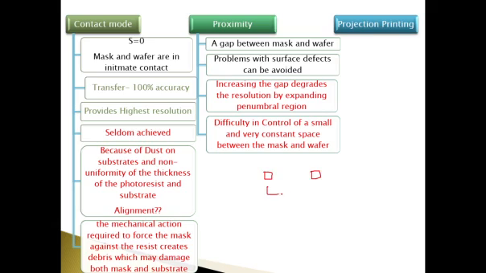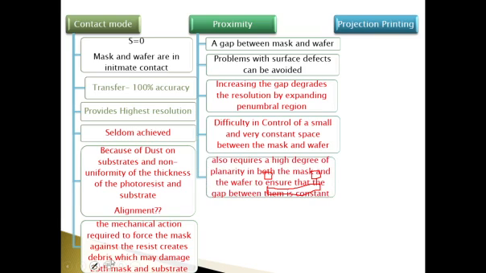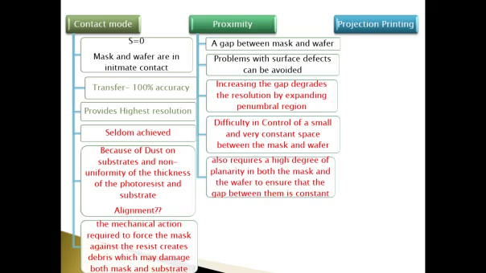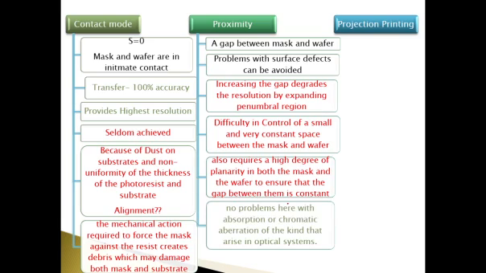So we need to ensure a constant gap is maintained across the sample. That is also a difficult situation. It also requires a high degree of planarity in both mask and wafer, otherwise the gap will not be constant.